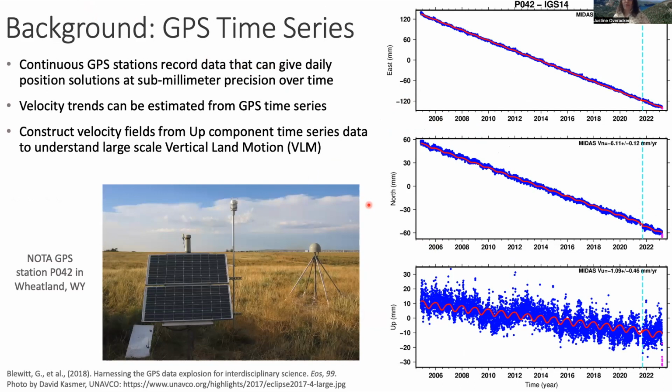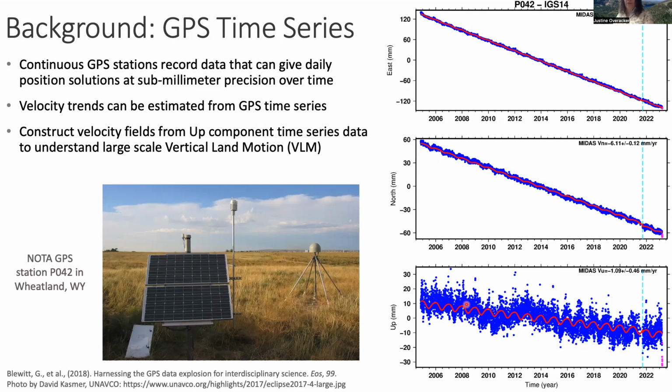And those are little blue dots shown in east, north, and up components that make up the time series. So we can use this relation between position and time to estimate velocity, and then we can identify patterns in those velocities that can give us insight into geologic processes happening at that location.